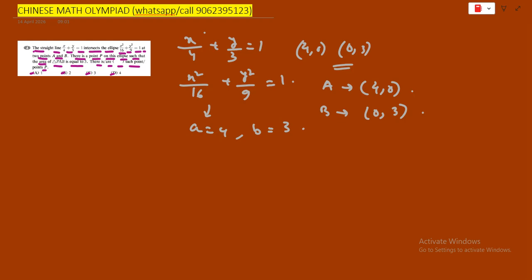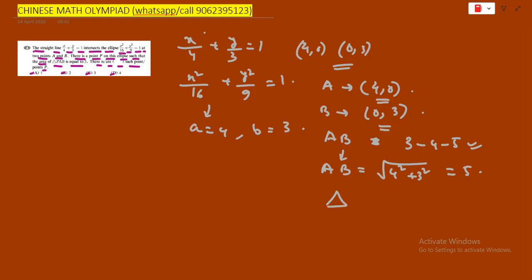Okay. Just calculate its length. So since A is (4, 0) and B is (0, 3), the distance AB, that is our base, is simply a 3, 4, 5 triangle. So AB is root over 4 square plus 3 square, that is 5. And we need the area of triangle PAB to be 3.